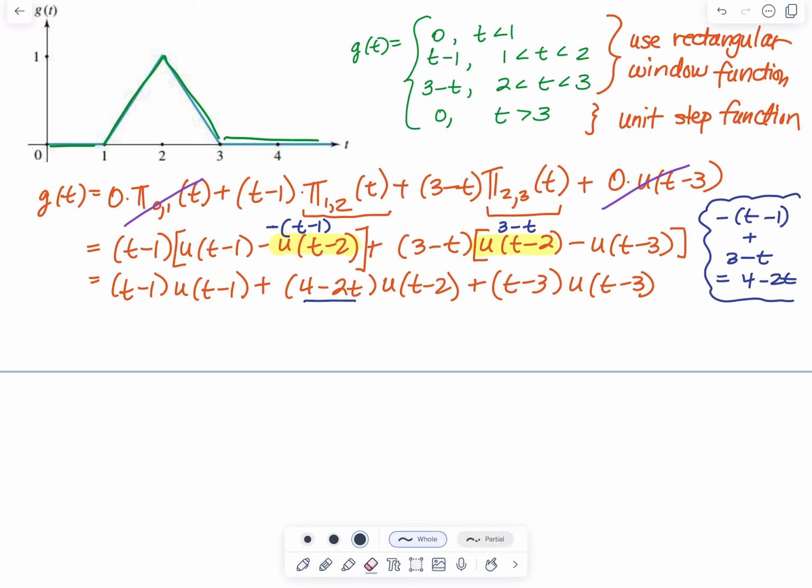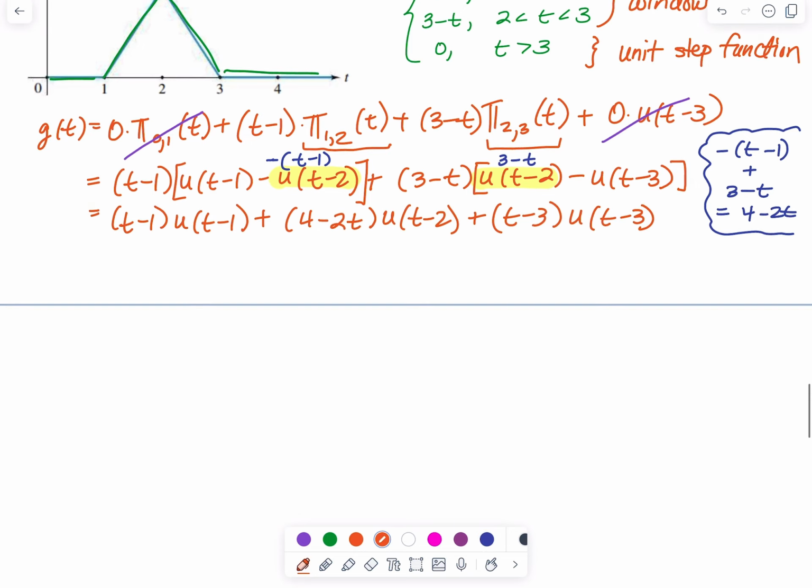Okay, so now let's go ahead and find the Laplace transform.